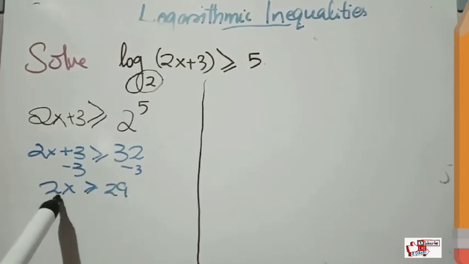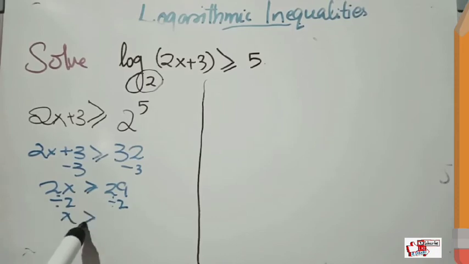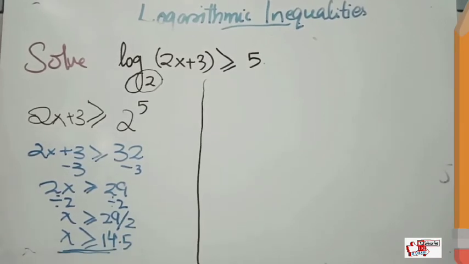If you divide both sides by 2, we get x greater than or equal to 29 by 2, that is x greater than or equal to 14.5. This is the normal result.